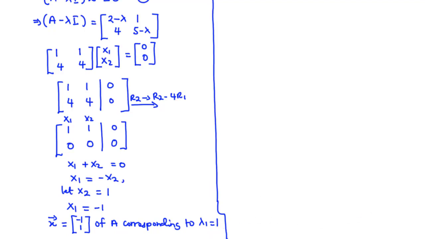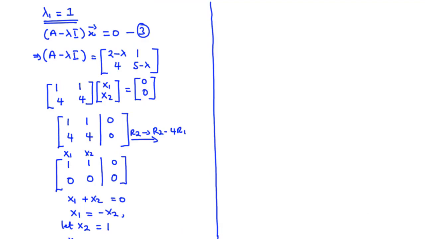Now let's find the eigenvector of A that corresponds to the eigenvalue lambda 2 equals 6. So for lambda 2 equals 6, starting from this point, we have A minus lambda I equals 2 minus lambda, 1, 4, 5 minus lambda.